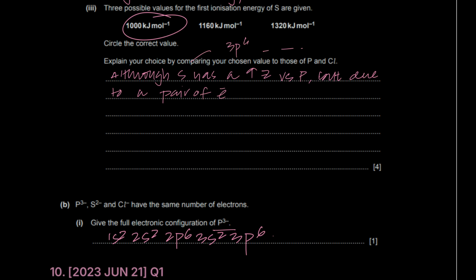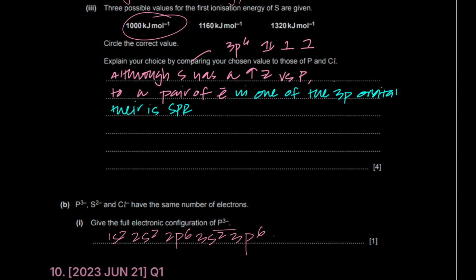So one of its orbitals has a pair of electrons. Because of a pair of electrons in one of the 3p orbitals, there is spin pair repulsion, which outweighs it. Let me fix the English for it: although sulfur has a higher nuclear charge than phosphorus, this factor is outweighed. This should be the English.